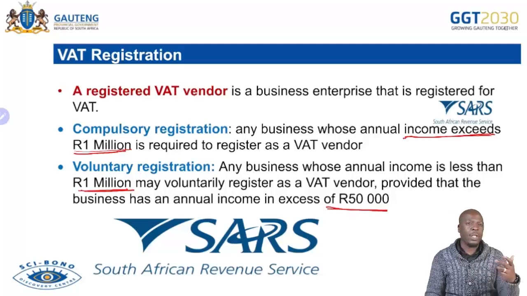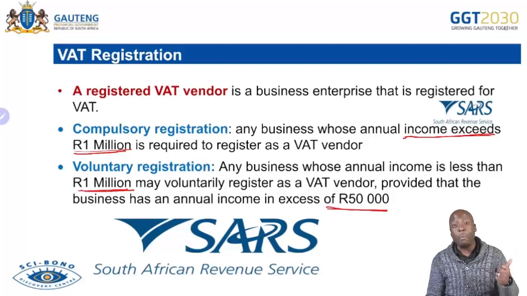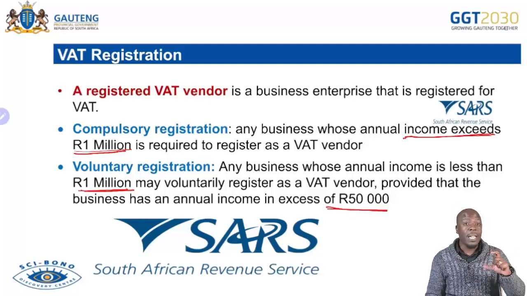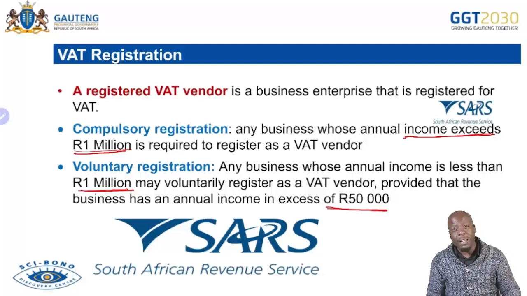So I've spoken about the two types of registration. Number one, compulsory. If your income is in excess of 1 million, then you are compelled. But then there is voluntary registration if your income is less than 1 million, but above 50,000.